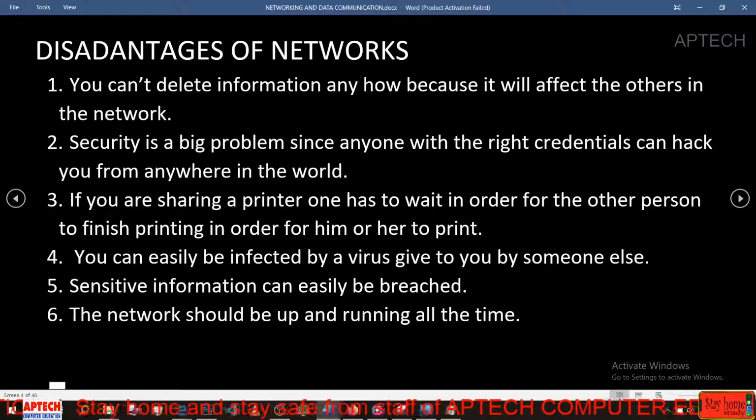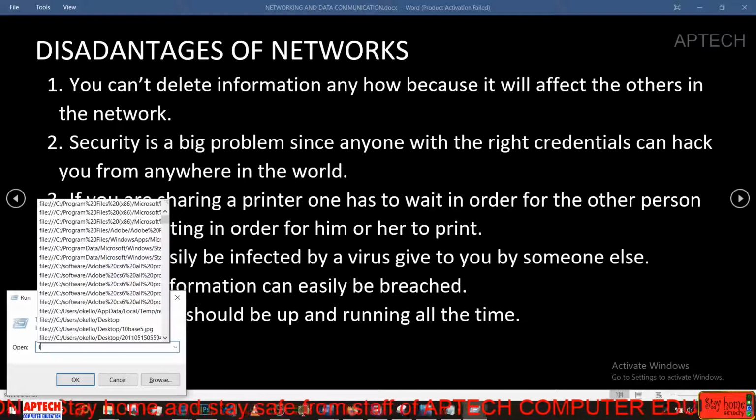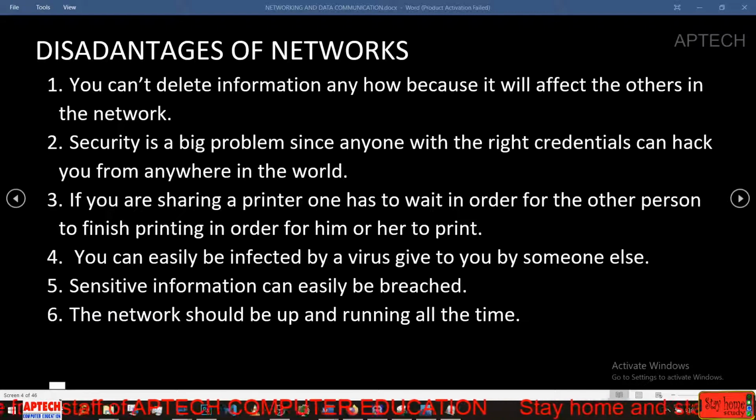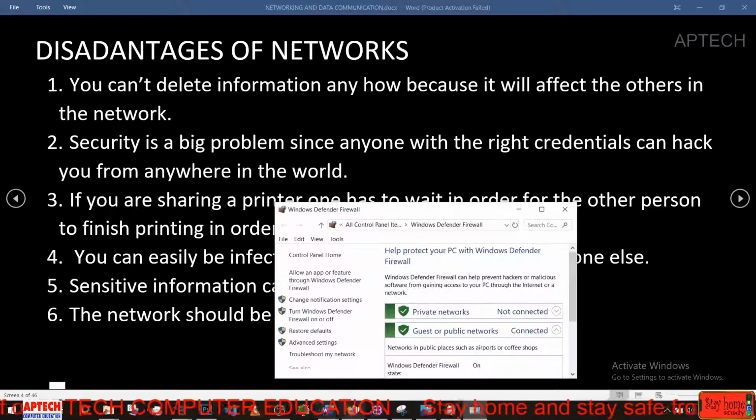Sensitive information can easily be breached. Most of it can be online, but your security is not that good. You ask them, is your firewall on? No. When was the last time you updated your antivirus? They don't know.